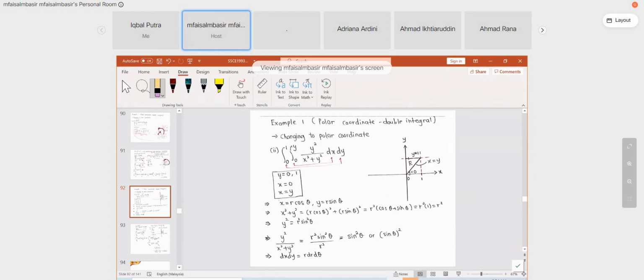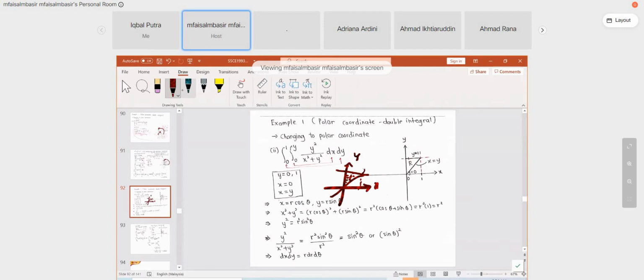If I draw this, x0 is here, x equals y is here, y equals 1 is here. So maybe you want to choose this part, but actually it is here, because we have more constraints. We don't have x equals 1. So that's why we choose this region.